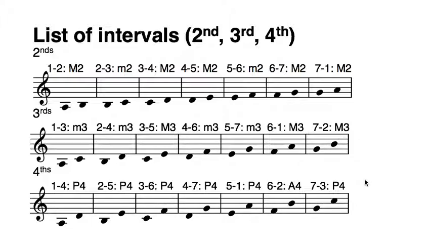Just a quick glance at it, if you remember our tallying up all of the possible seconds, thirds, and fourths in a major scale, what we have here is the same amount and types of intervals. For example, we noted before that we had 6 perfect fourths in major scales and 1 augmented fourth. That happens to be the exact same thing we have in a natural minor scale too.